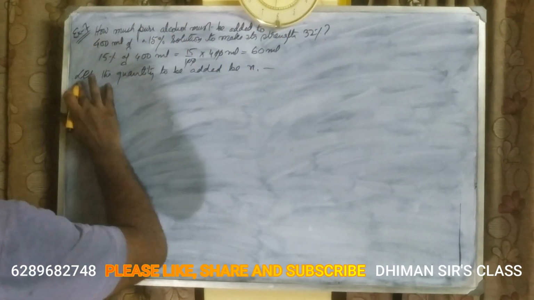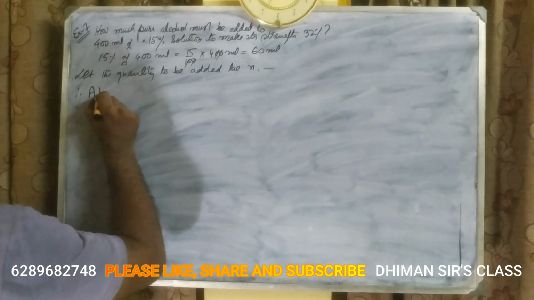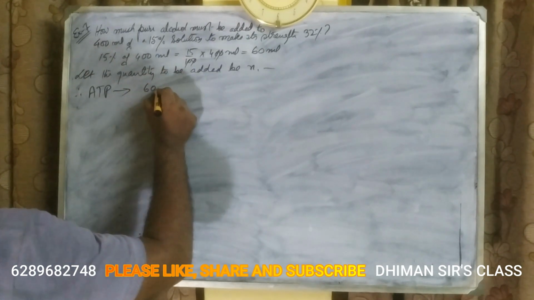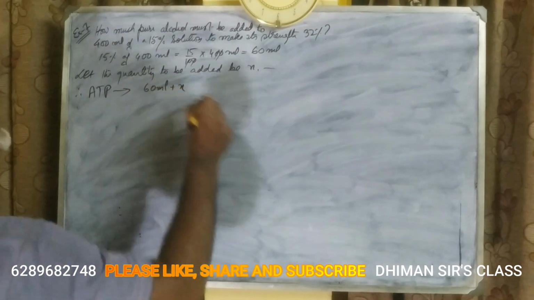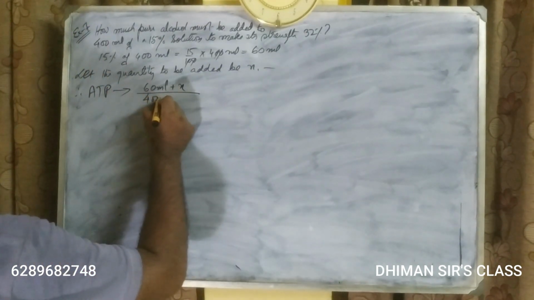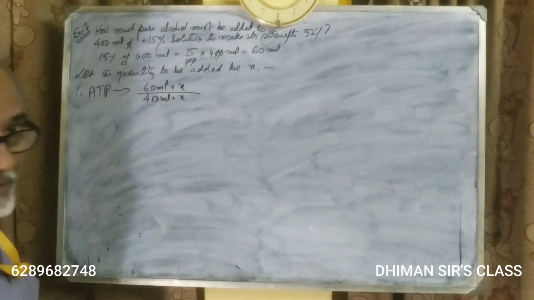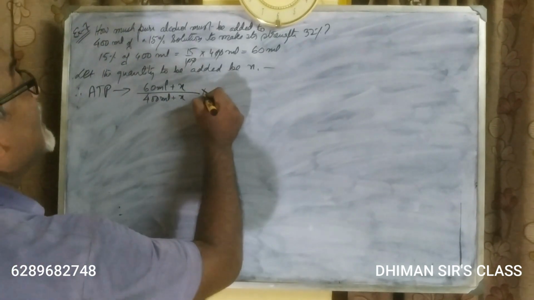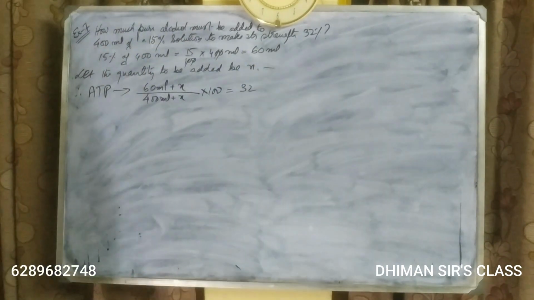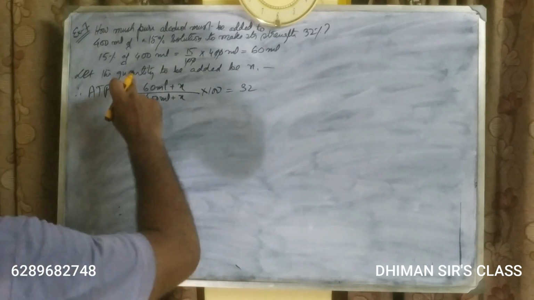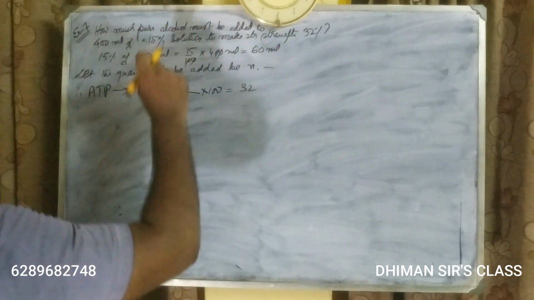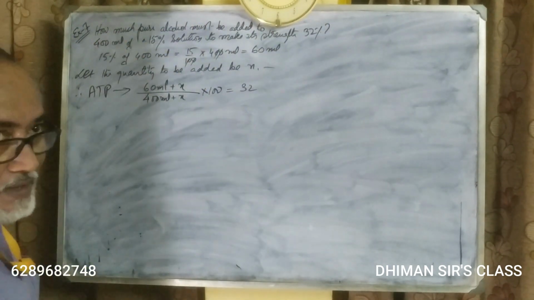Hence, therefore, this X will be added to 60 milliliter plus X. And it will also result in an increase in the total. And if we multiply it by 100, it becomes the total strength as 32%. Yes or no? Yes, because they have told 32%. So 32% is that alcohol by total into 100, 32%.